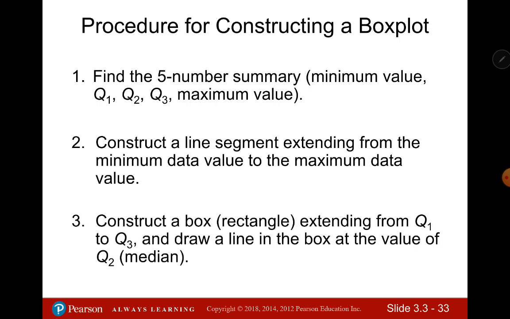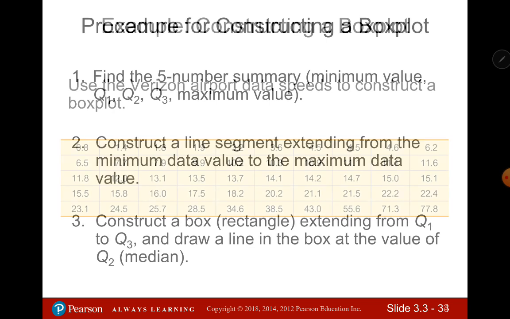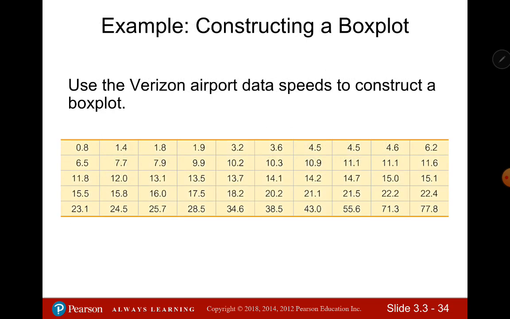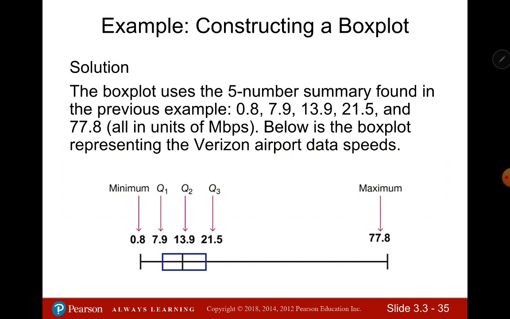Then this shows you how we can get the box plot. So this is an example of a box plot. First, we should know the 5-number summary, right? If we want to draw a box plot, the first step is to draw a line segment from minimum to maximum.